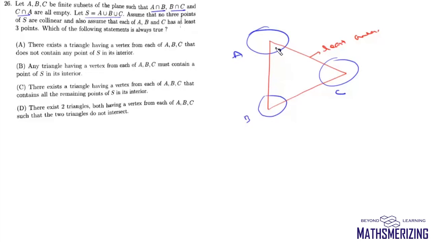Now if there exists a point of S in the interior of this triangle ABC, then the triangle APB will have an area smaller than ABC, which is a contradiction because we assumed that the area of triangle ABC is the least. So it is always possible to have a triangle that does not contain any point of S in its interior. So the answer to this question is option A itself.